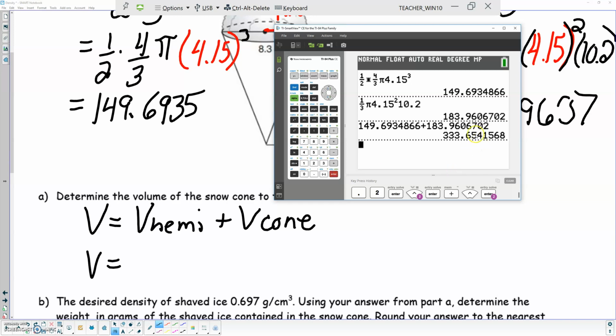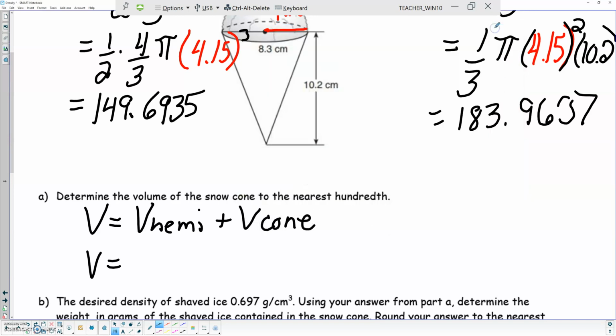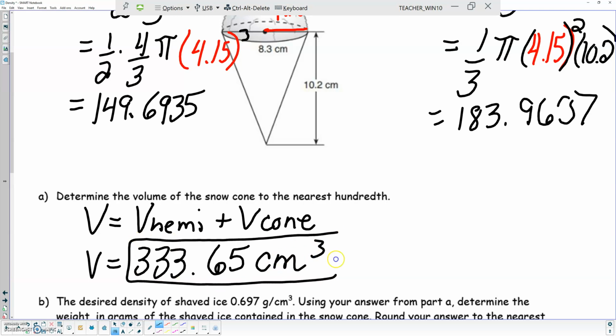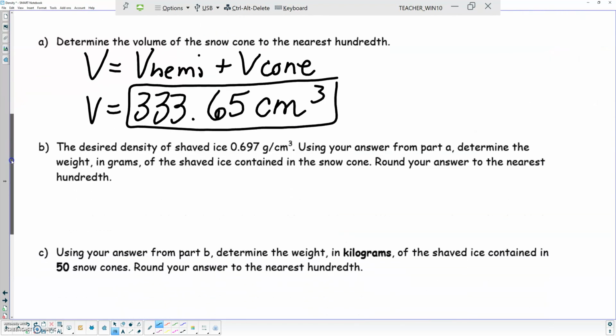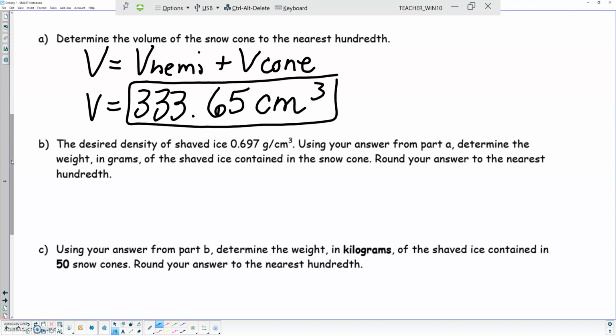So if I round this number to the nearest hundredth, we get 333.65. Okay, so that's the volume of one snow cone, 333.65 cubic centimeters.